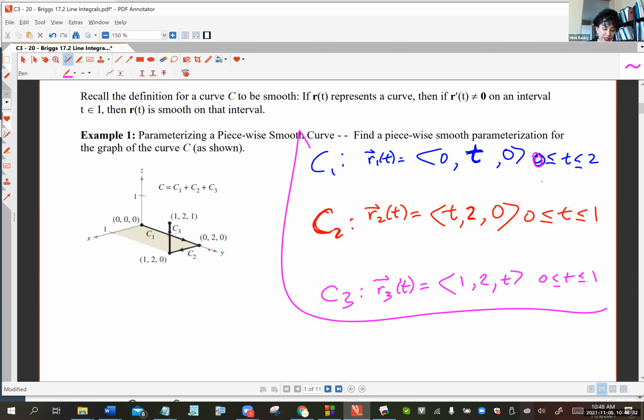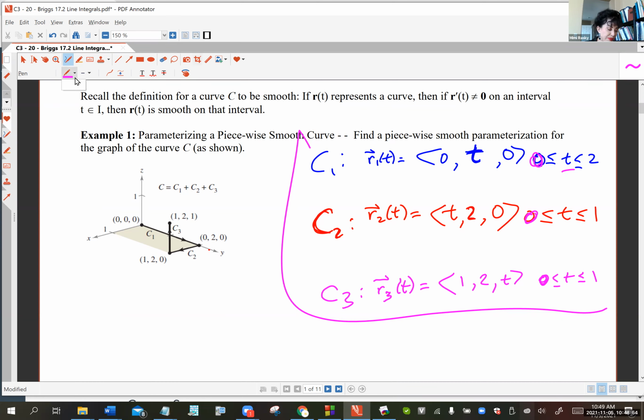So I want you to notice that every time I parameterize each of the legs of our journey, I just reset my time back to start at 0 every time. And you know what? I'm the boss. When I'm parameterizing, I can do that. And I'm going to let you do that. Totally okay. Much easier also. Way easier to do it that way.